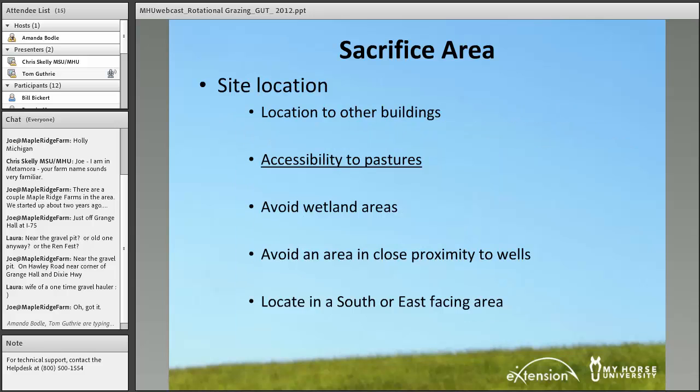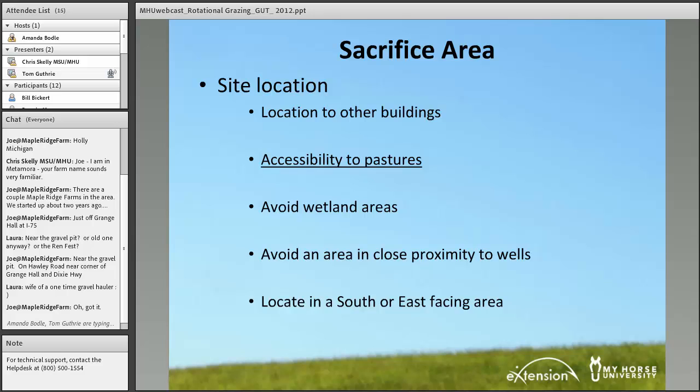So when we look at site location, when selecting a site location, take into consideration the location to other buildings and accessibility to pastures. We want to avoid wetland areas or any area that is in close proximity to surface waters or wells. A level area is preferred to prevent potential runoff of sediment and nutrients from manure.